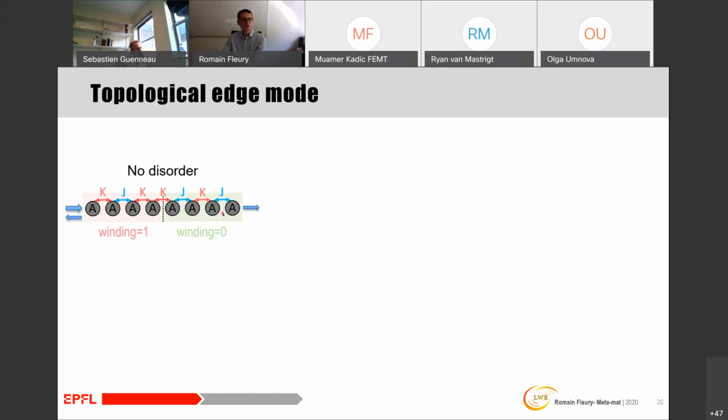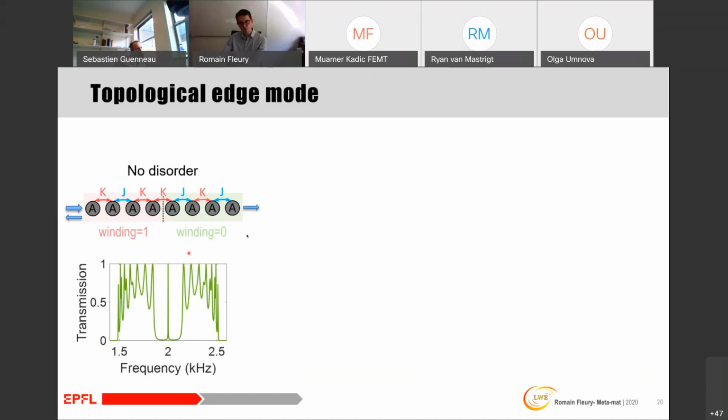I'm going to excite it from the outside. We have to imagine there is a waveguide coming in here, and I send a wave in this waveguide, and there is some kind of coupling constant to the first resonator. I can reflect waves, or maybe it can go through the chain and be transmitted to another waveguide. And what I'm going to do is look at the transmission to this other waveguide as a function of frequency. This is this plot.